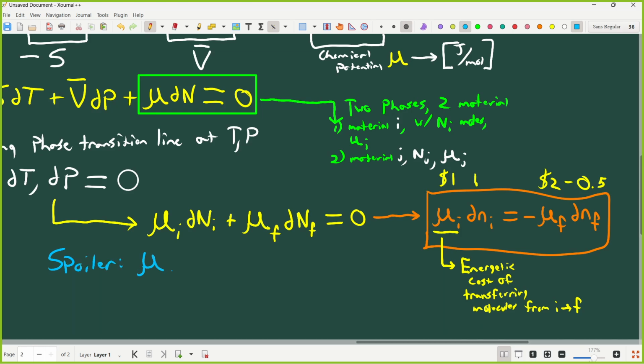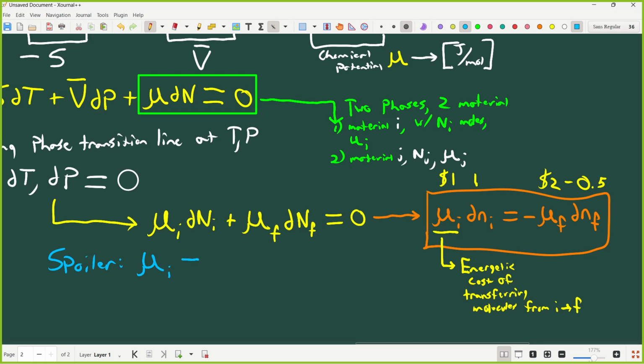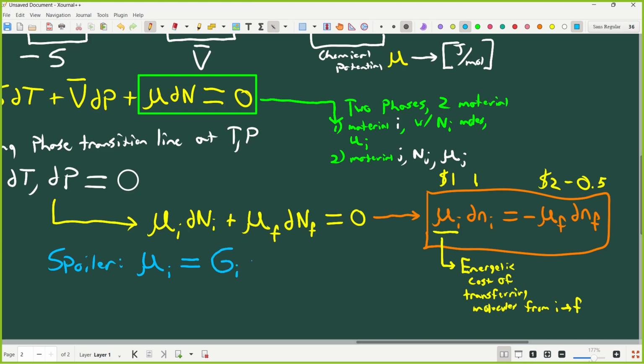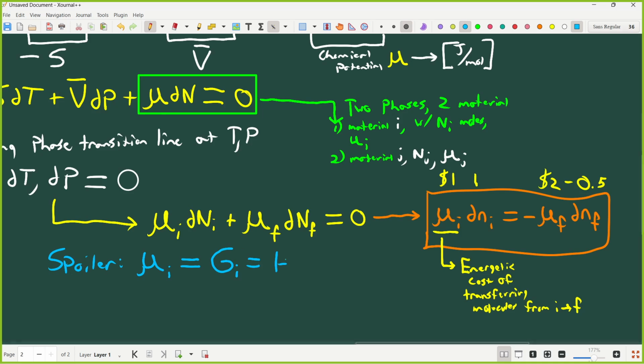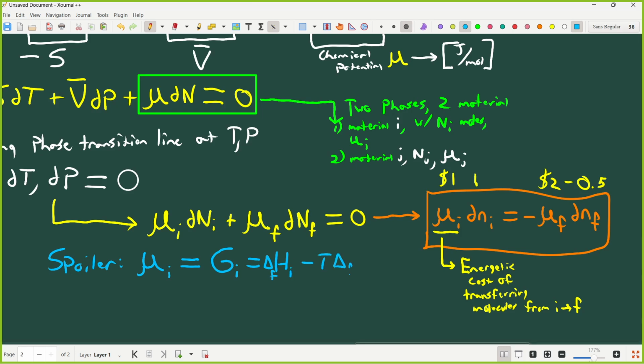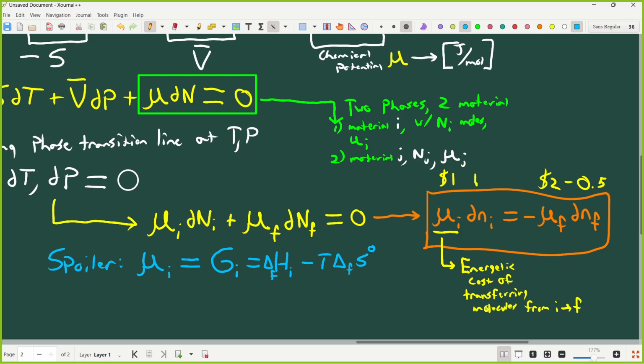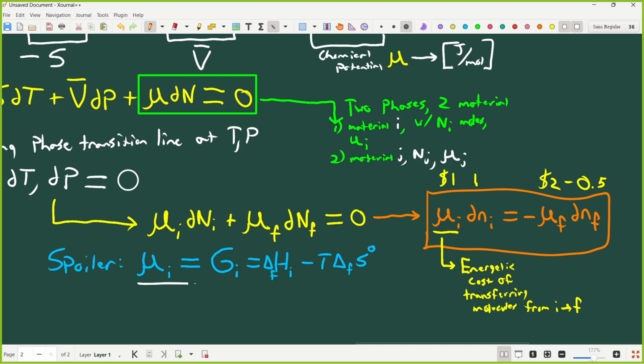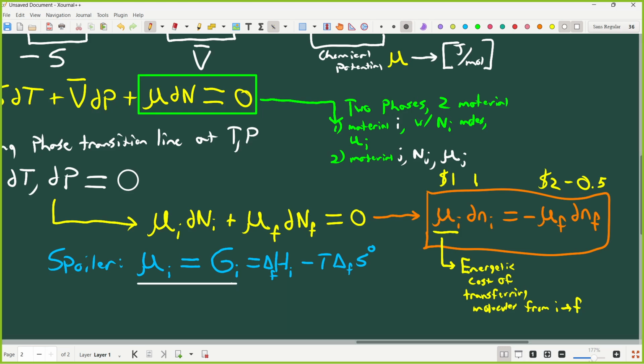The chemical potential of a material is the same as the Gibbs energy of that material, which is going to be the enthalpy of formation of that material minus T times the entropy of formation of that material. Right, so the Gibbs energy of each material, we get the formation enthalpies and entropies. That'll tell us kind of how willing the system is to pluck molecules away from one system or the other.